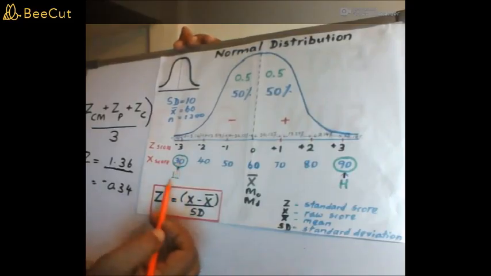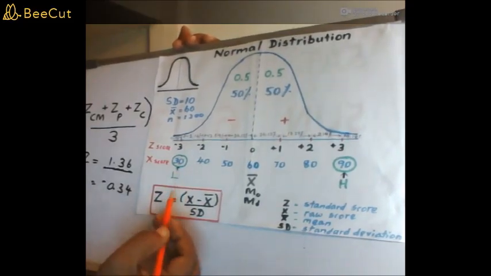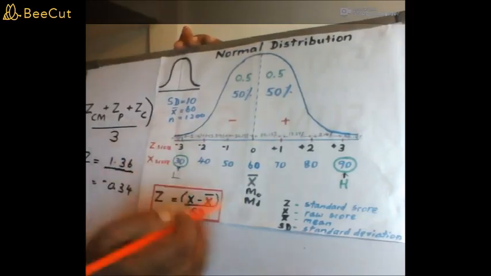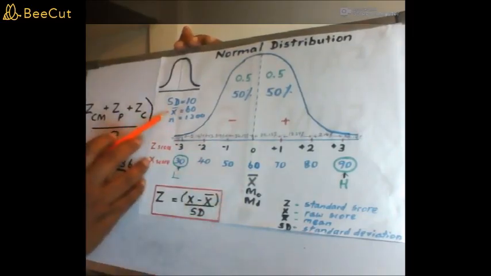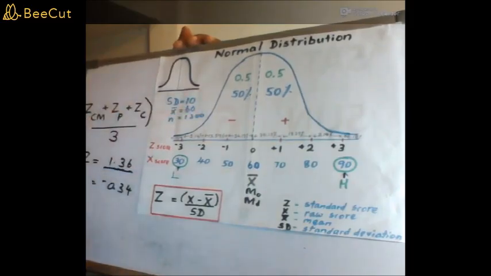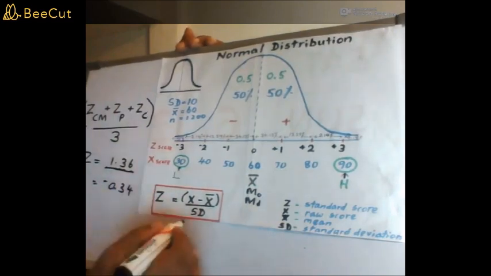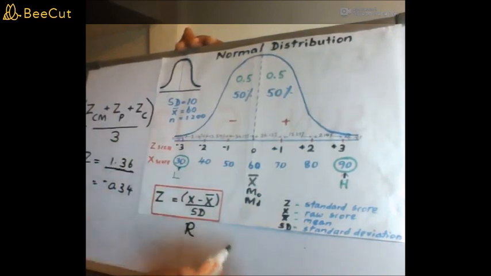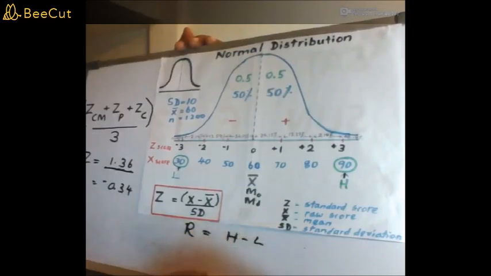Alright. Then the first paper question. Sometimes they will say the average x bar is 60, standard deviation is 10. That's all they will give. They will ask you to calculate the range. What do you mean by range? Range equals highest minus lowest, plus 1.